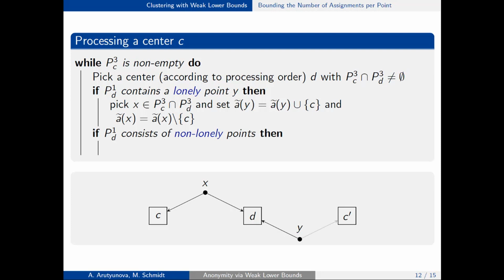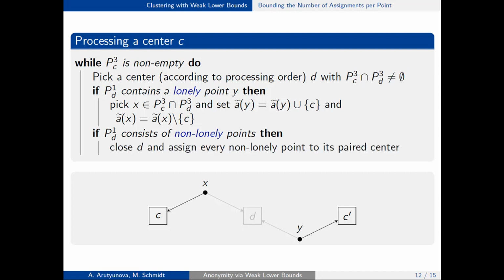In the other case, PD1 consists only of non-lonely points, and if we recall the definition of non-lonely, this means that every point there is paired to a center which is near to it. And then we can do the following. We close the center D, then we have to care about the points in PD1, but these points are simply assigned to their paired centers.